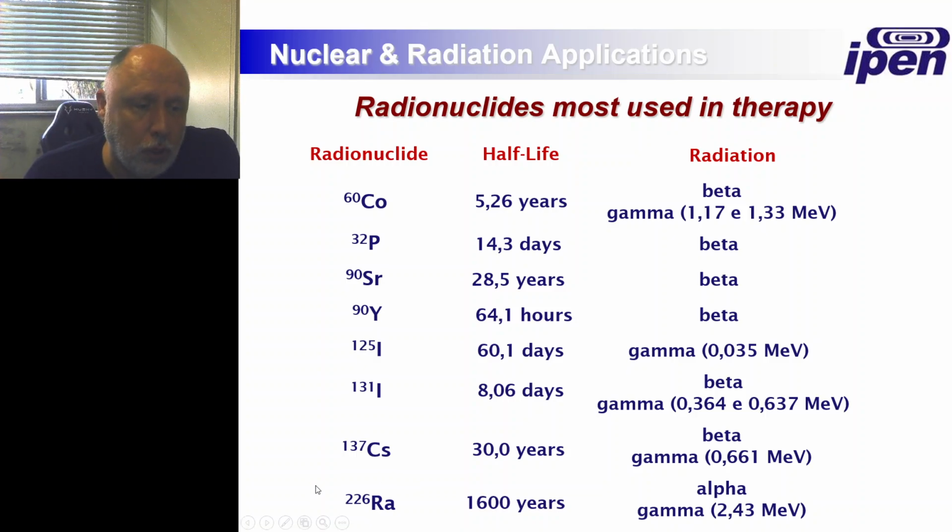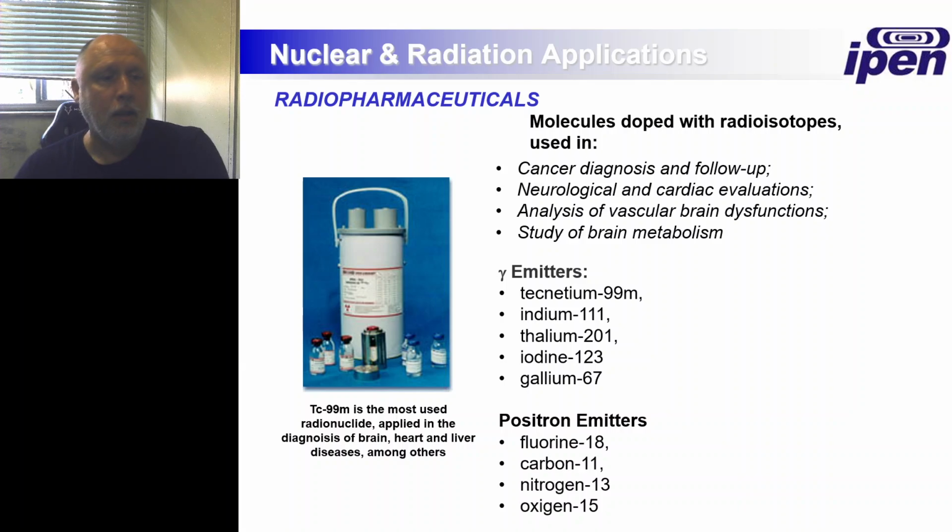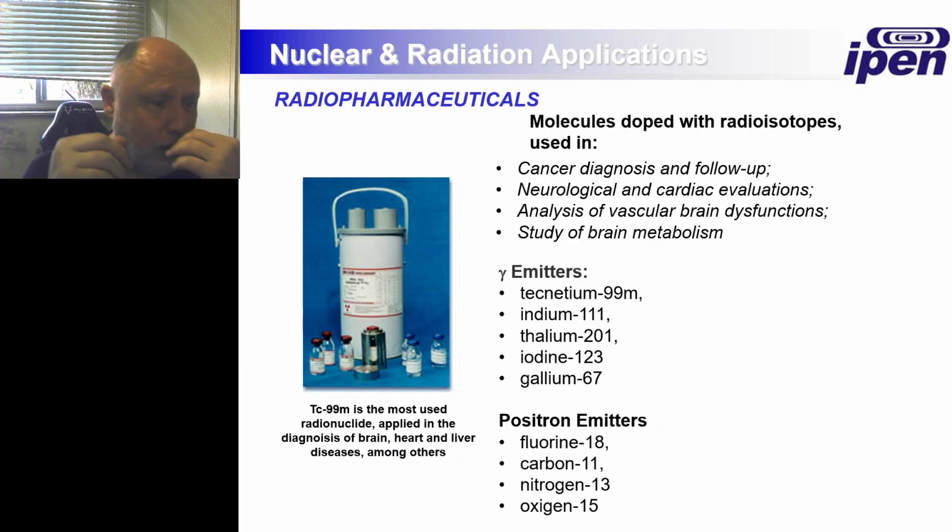And now there's a lot of people thinking of radium-226, essentially not really radium-226, but one of its daughters, okay? And now we come to radiopharmaceuticals, which are used both in the diagnosis and maybe also for treatment. One thing is a radioisotope.